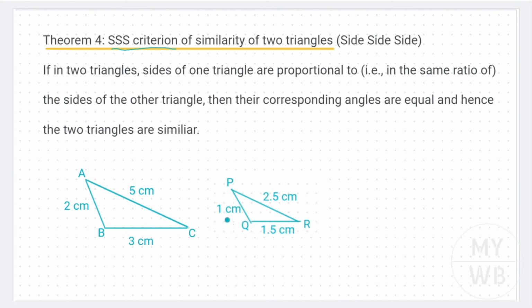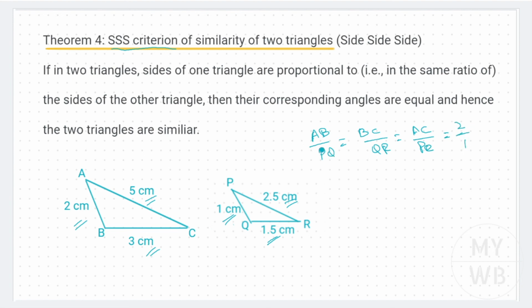For example, in these two triangles ABC and PQR, we can see that AB is 2 times PQ, BC is 2 times QR, and AC is 2 times PR. So all the three pairs of sides are in proportion. AB by PQ is equal to BC by QR is equal to AC by PR and the ratio is 2:1.